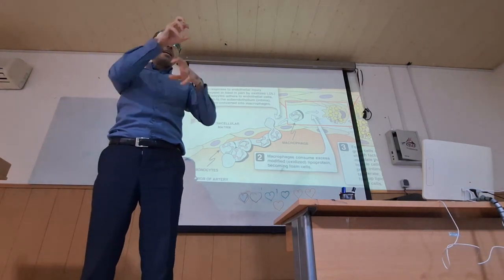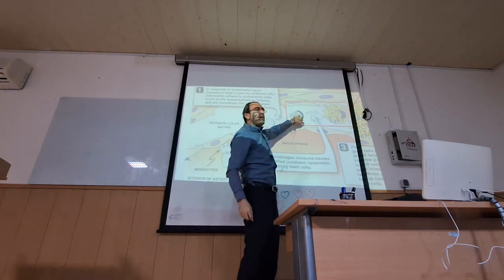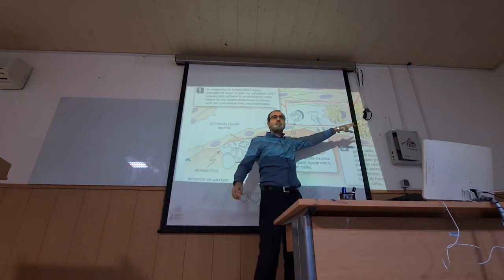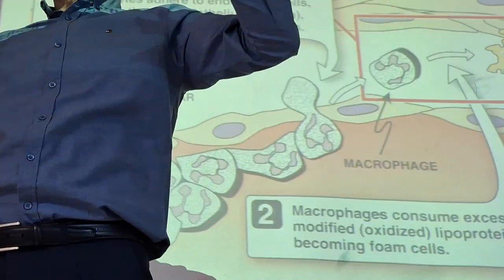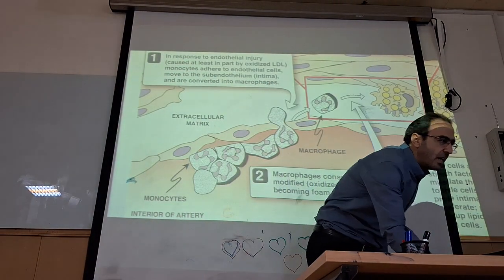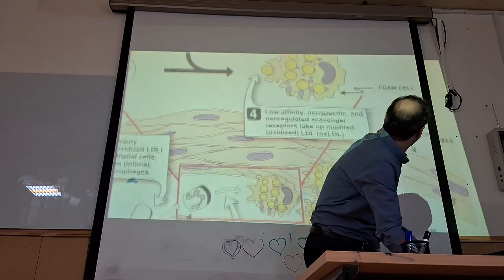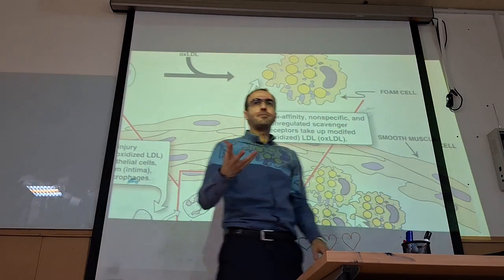For this reason, they attack and eat them. So when macrophages eat this oxidized LDL, the size of macrophages increases and they become cells known as foam cells. Foam cell, exactly.